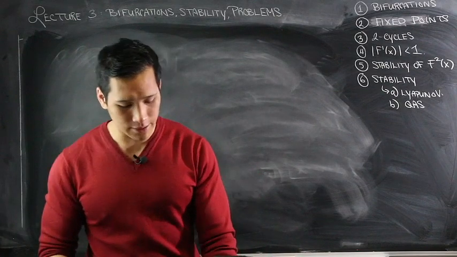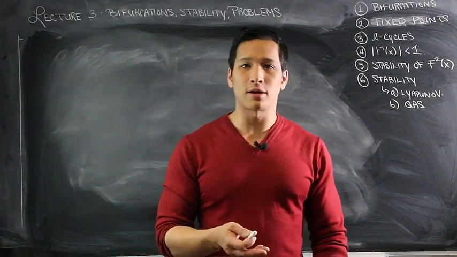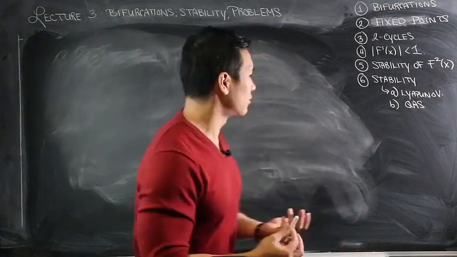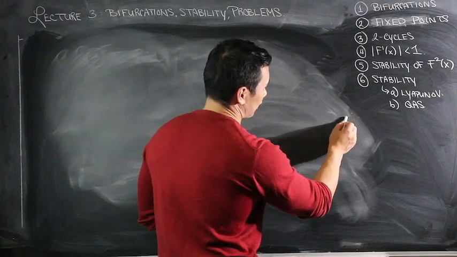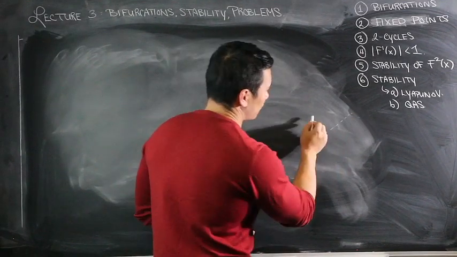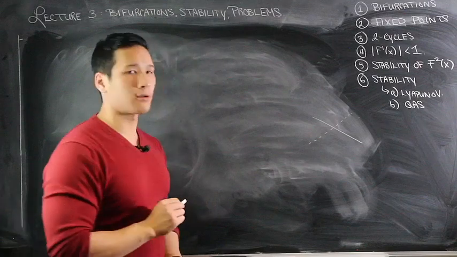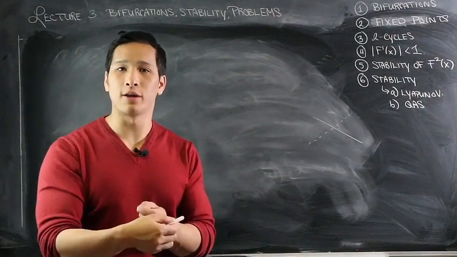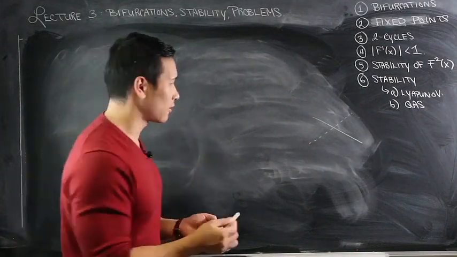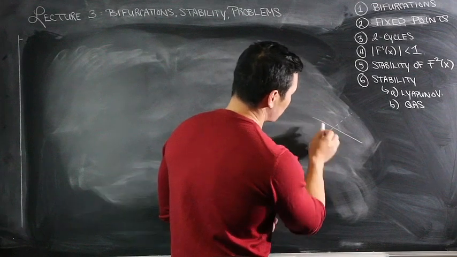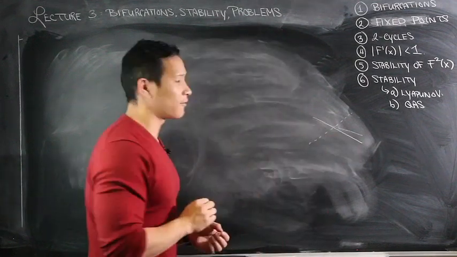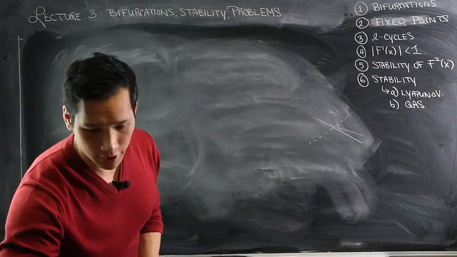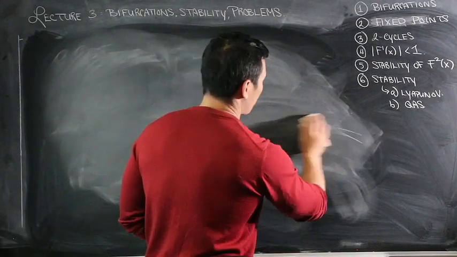The claim is that it's the gradient of the function that determines stability. If this was the line x, then it's the gradient of that function which determines whether you're going to spiral in or spiral out. If the gradient of the function was very, very shallow, let's try the picture. Let's do a proper picture here.